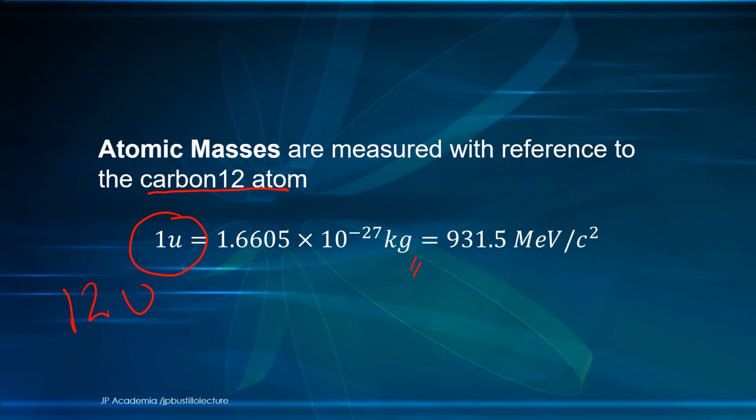The mass of an isolated proton has been measured to be about 1.0073 u, and that of a neutron is 1.0087 u.